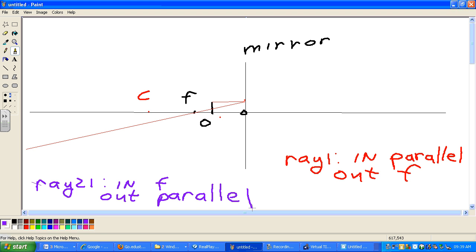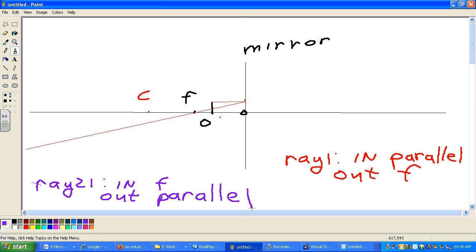The second ray I'm going to make is very similar. This one's going to go in from the focal point, and it's going to come out parallel. So it's like the same kind of ray, but it's the reverse of it. So here's my focal points.